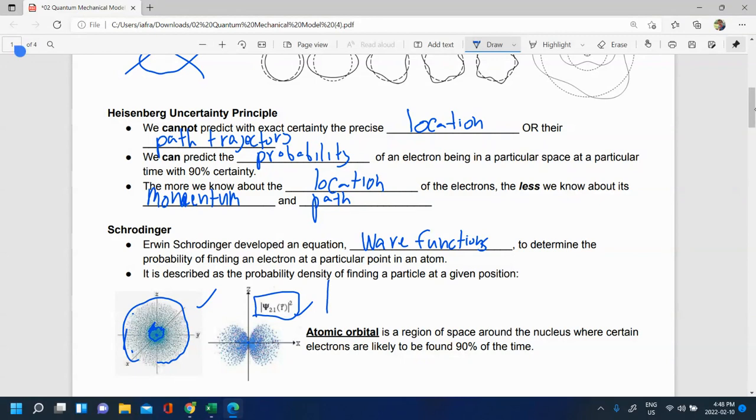We often represent the wave function like this, absolute value of the Greek letter psi squared. And it gives us these 3D graphs, these regions in space where electrons are likely to exist 90% of the time. And that's called an atomic orbital. So we no longer deal with orbits at this point. Now we're dealing with orbitals because we don't know the exact location of electrons.